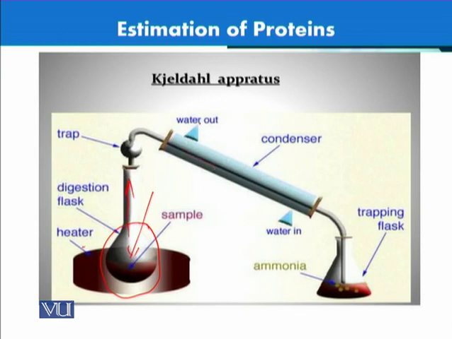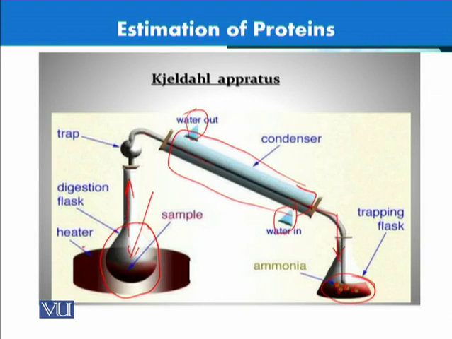This condenser has a water inlet and water outlet that reduce the temperature of the condenser unit. The nitrogen, which comes in the form of a vapor, becomes liquid here, and then from there it reaches this flask that traps all the ammonia. You can see these little dots as ammonia gas bubbles, which are dissolved in this flask. This is overall the principle of the Kjeldahl apparatus.